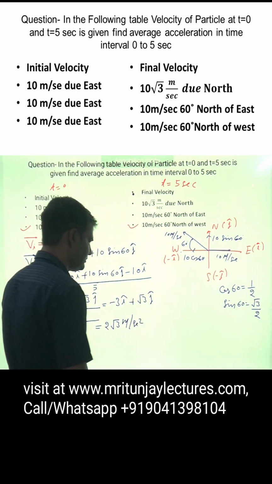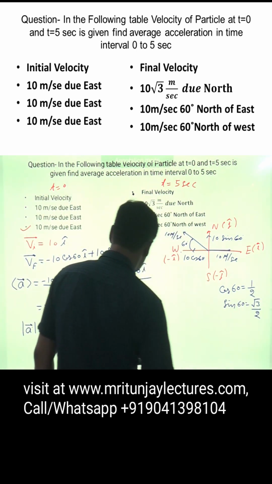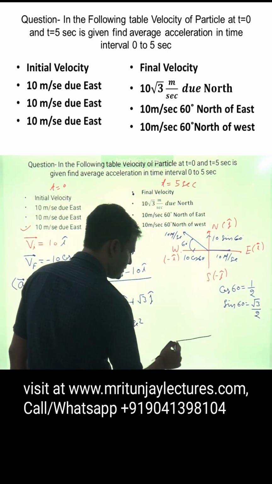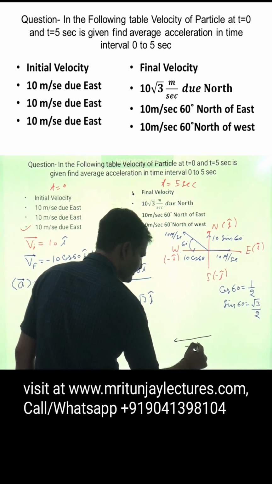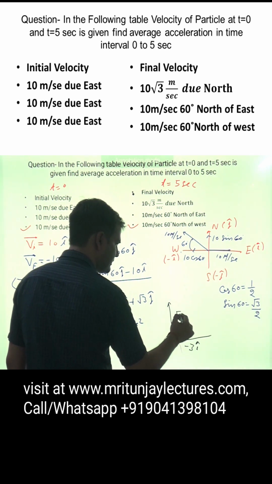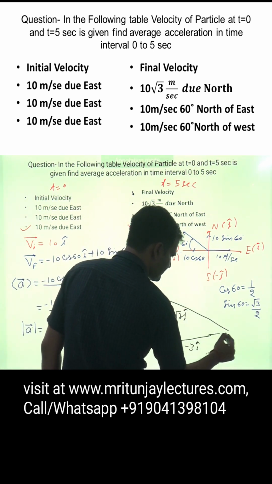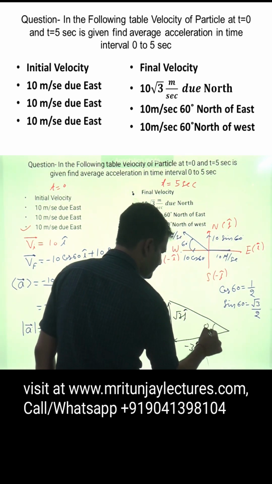If you want the angle, again redraw minus 3i cap plus root 3 j cap, and that one is theta.